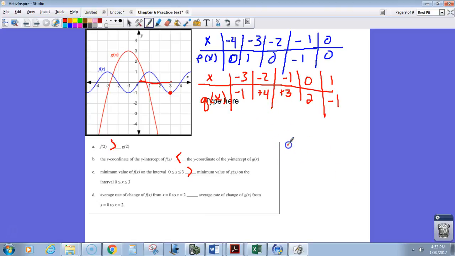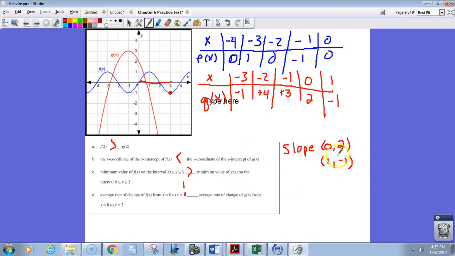So we're trying to find the slope of the red line, and we have 2 points. We have x is 0, and that means y is 2. And if we make it 1 instead of 2, then we have x is 1 and y is negative 1.